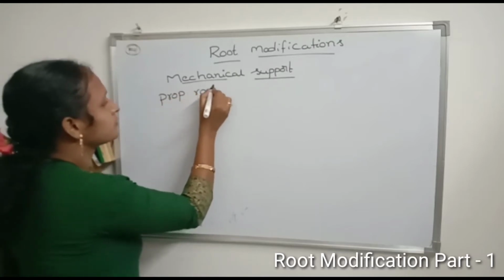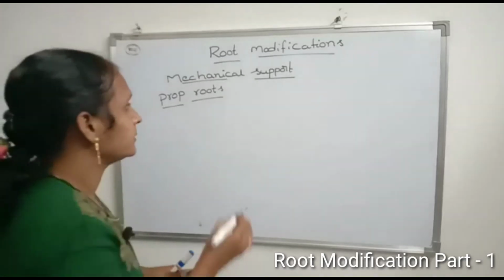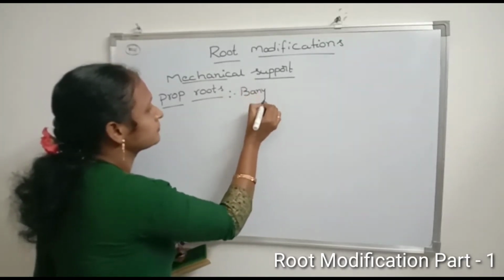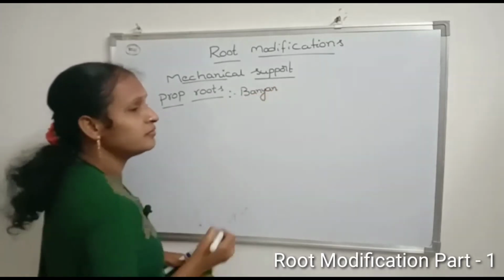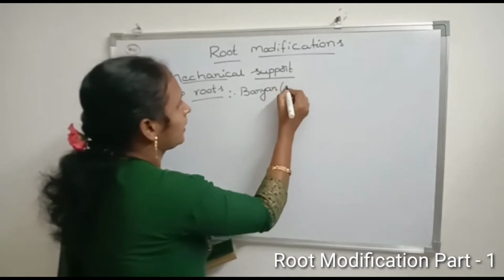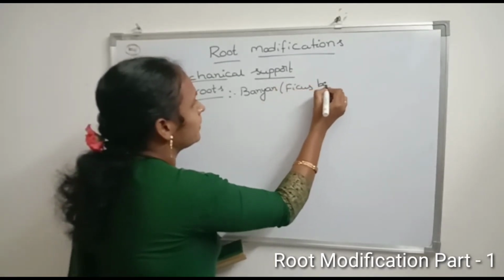An example of prop roots is the banyan tree. The scientific name of banyan tree is Ficus bengalensis.